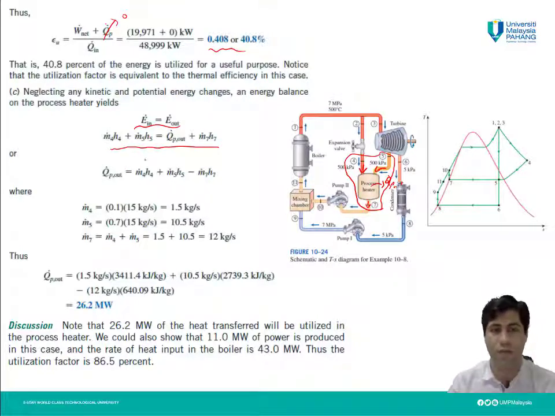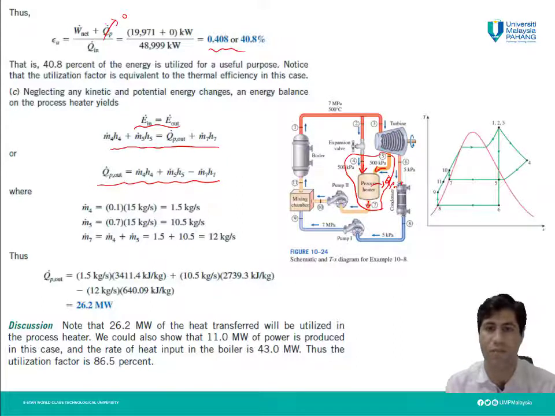By rearrangement of this equation, we can write: Q dot P out is equal to m dot 4 h4 plus m dot 5 h5 minus m dot 7 h7. Why the m dot 4 and m dot 5? It was mentioned in the question instruction that 10% of the steam which comes from the boiler will be throttled to the process heater.